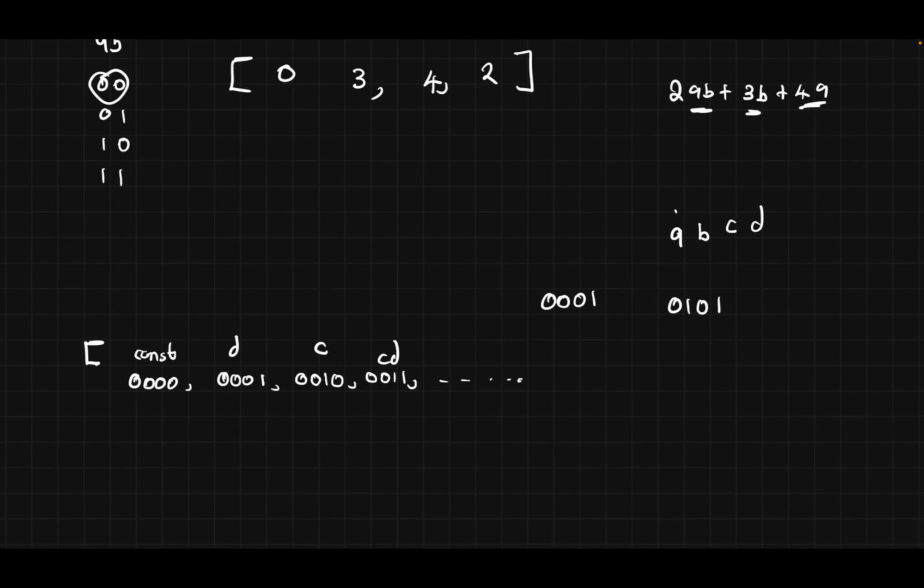So when you now have a polynomial, let's say 2D plus 5CD, then the 2 will go where D is supposed to go, and the 5 will go where CD is supposed to go. So this is how you write any polynomial of 4 variables.